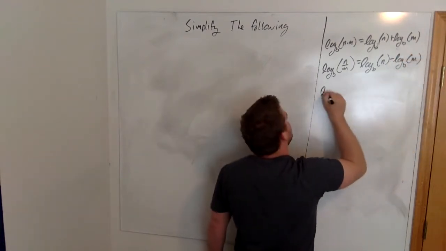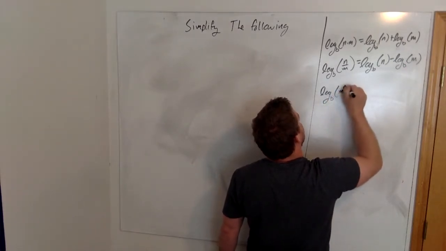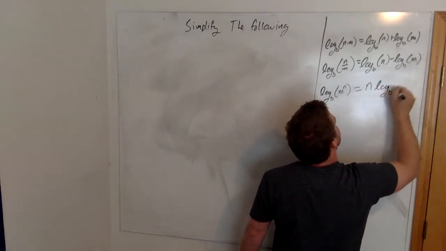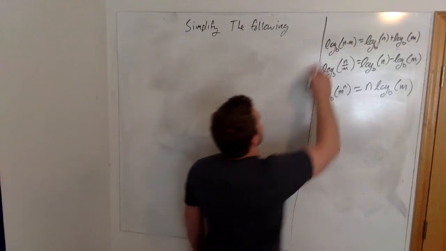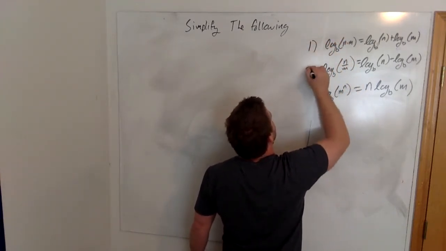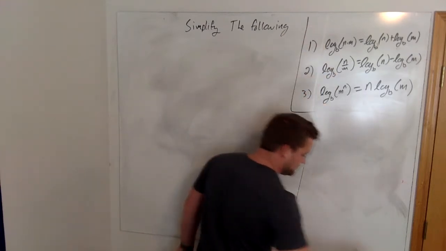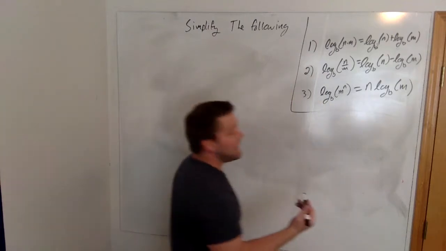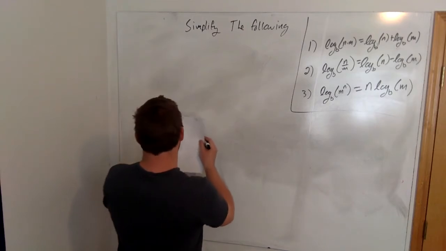And we also have that powers correspond to multiplication. Okay, so those are our rules. Maybe we'll number them. This is 1, this is 2, and this is 3. Okay, let's hold on to these. Even though I have them written on the board, you should really have these memorized.